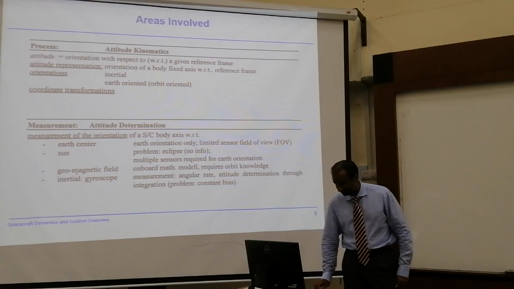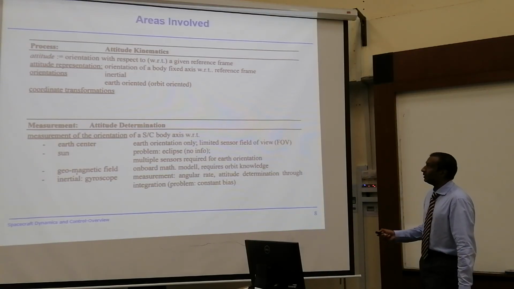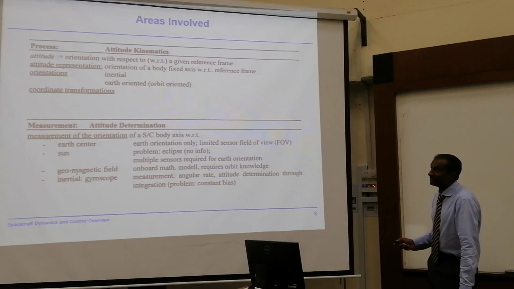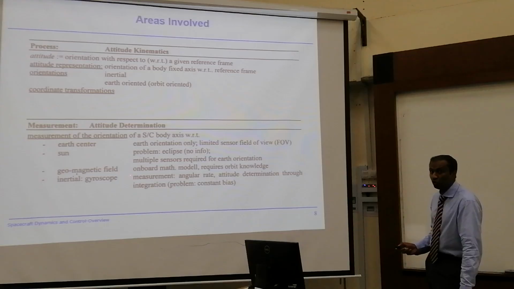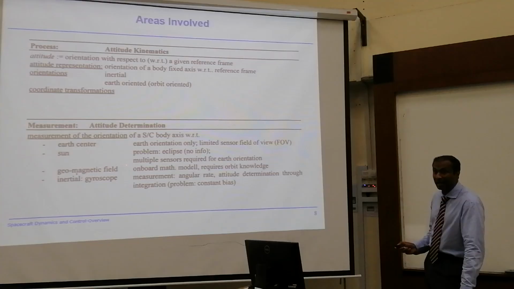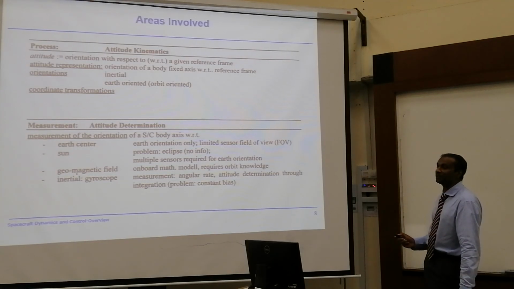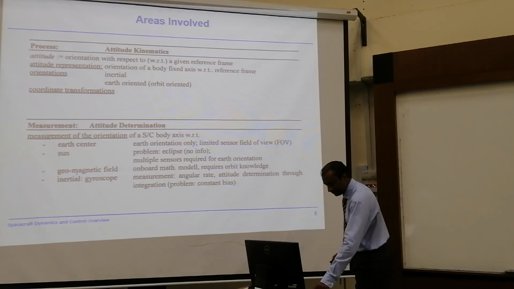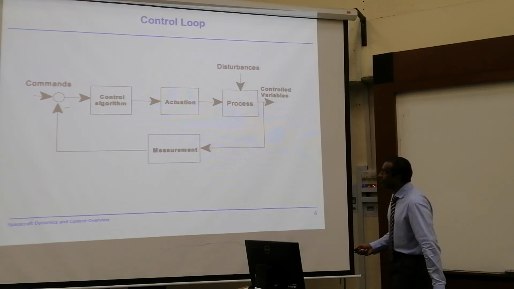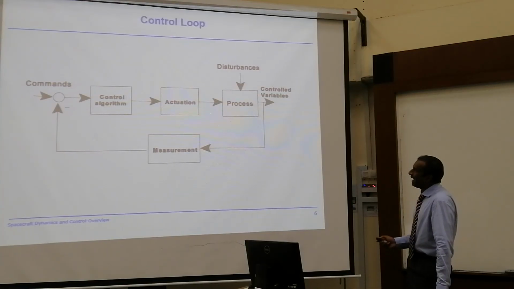So the process that we want to do. I'm back to my definition of my whole control loop that you have defined. You have learned that in control systems. I am redefining it for my purpose here, which is the process. What process is it? Attitude kinematics must be there, which means this. In order for me to know how this can react with this, I need to establish a relation.